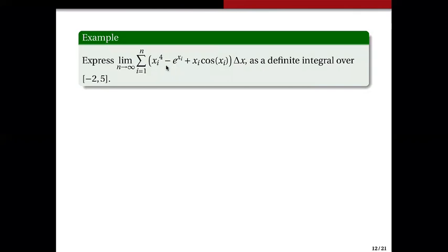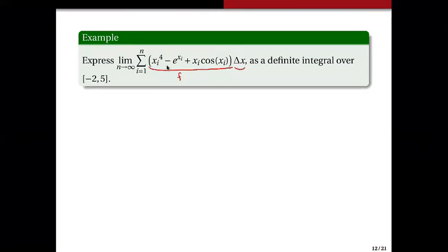In here, what we're going to do is just convert this to a definite integral. All the information is here. This part will be your function f.